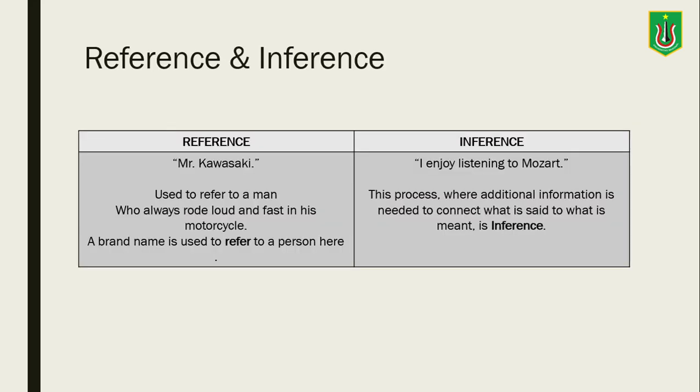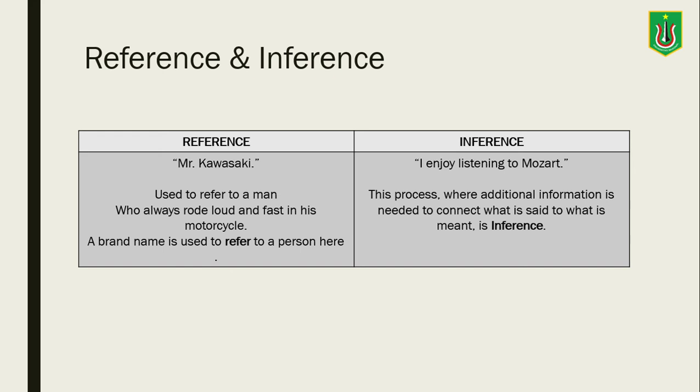This is the difference between reference and inference. First, reference. In reference, the name Mr. Kawasaki is used to refer to a man who always rode loud and fast on his motorcycle.